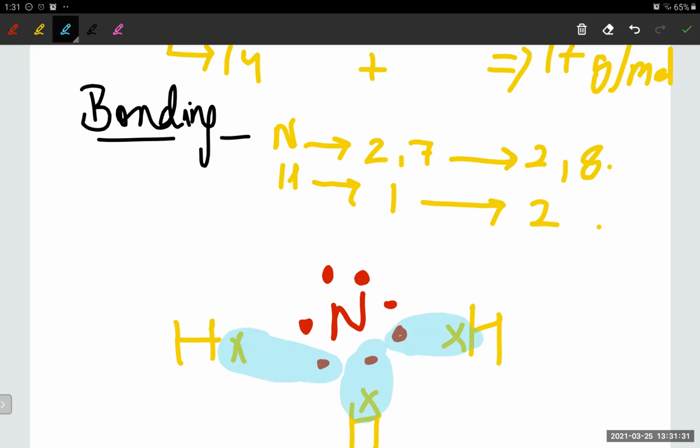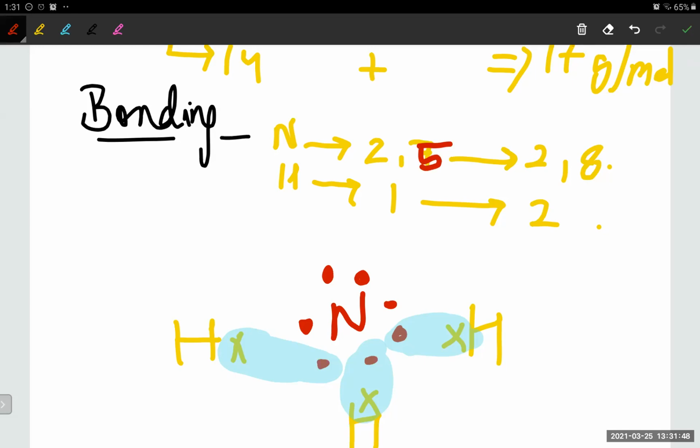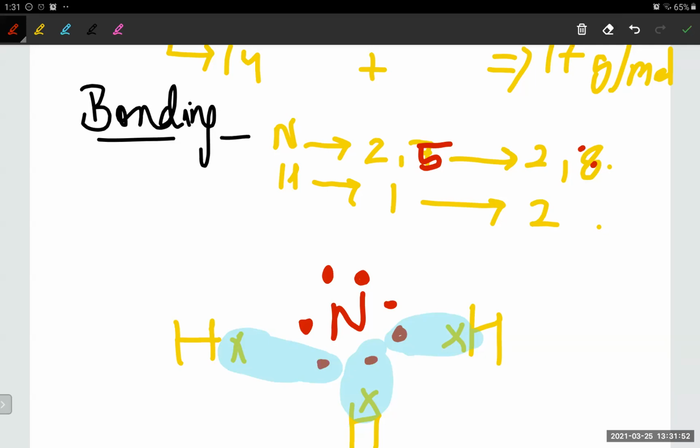And I've done a slight mistake. I hope that everybody might have captured that nitrogen is having how many electrons in its outermost shell? It's having 5, right? Five. So that's a small mistake. It is having electronic configuration 2 and 5, and it wants to attain 2 and 8.